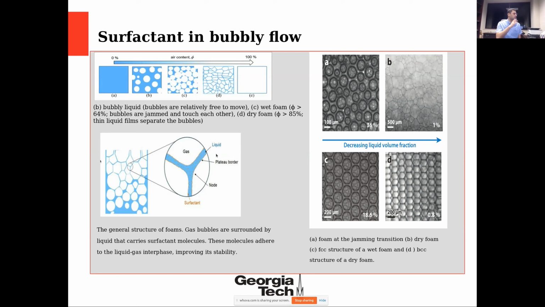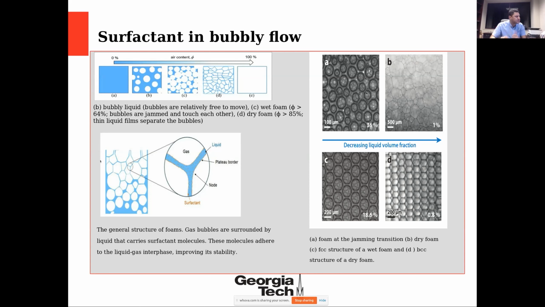We add surfactant for increasing the lifetime of the bubble. Surfactant will be added into the fluid and accumulate on the interface. It will somehow go into the gas side, but we don't care at the moment. In numerical simulation from the CFD part, we care about it, but from the physics side, we don't. On the right, there are different orientations of bubbles and foam.